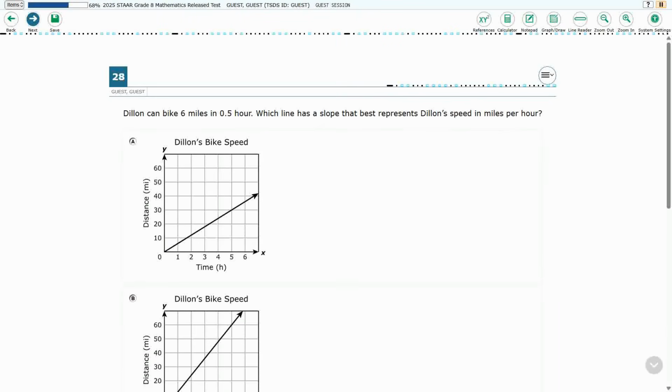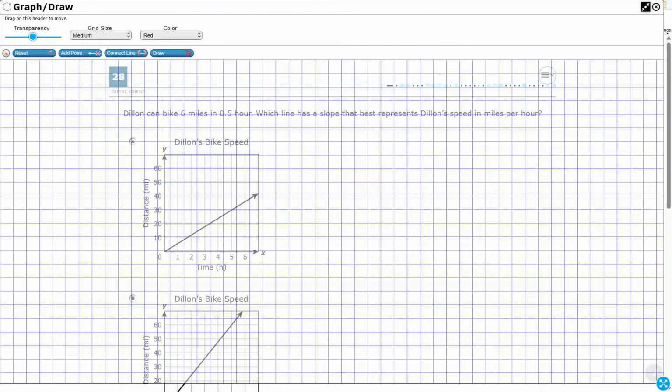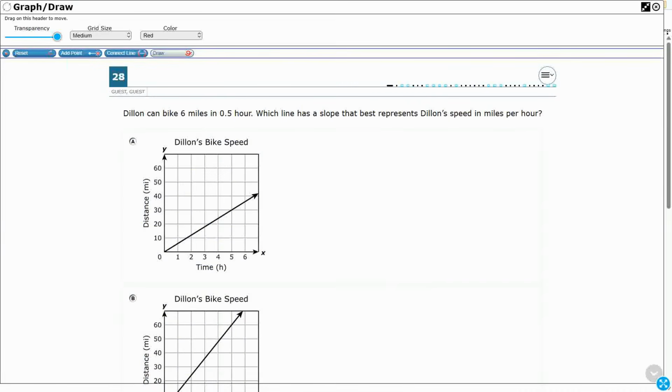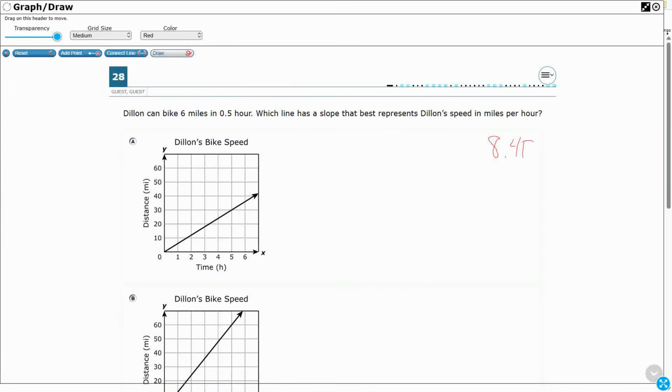Number 28, we are looking at slope as unit rate. This is 8.4b. All right, so Dylan can bike 6 miles in 0.5 hours. Which line has a slope that best represents Dylan's speed in miles per hour? All right, so let's solve this with a double number line here.